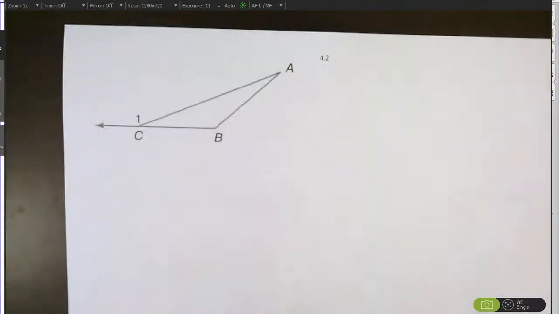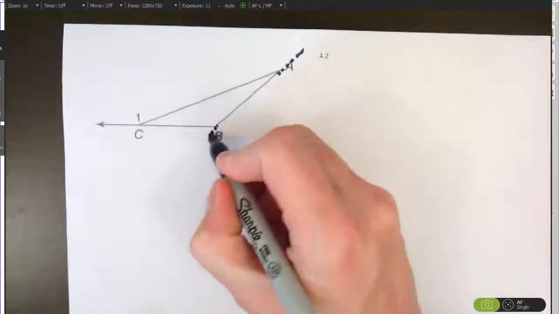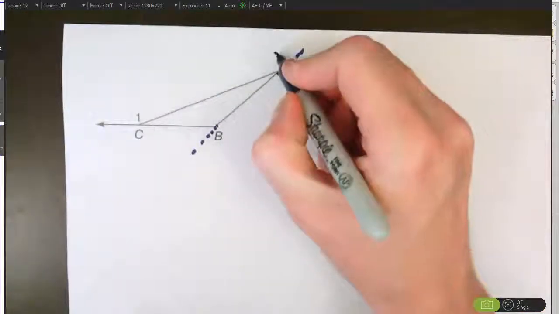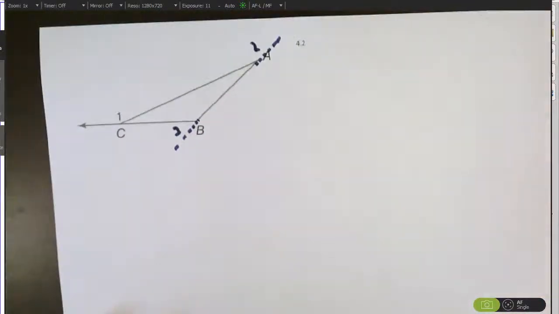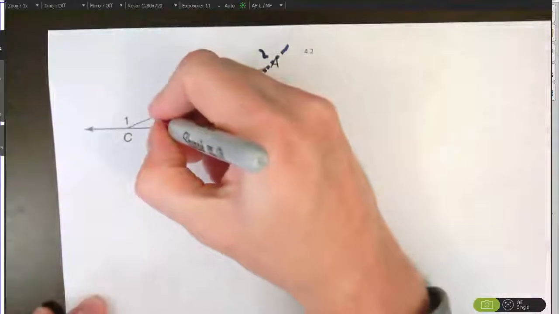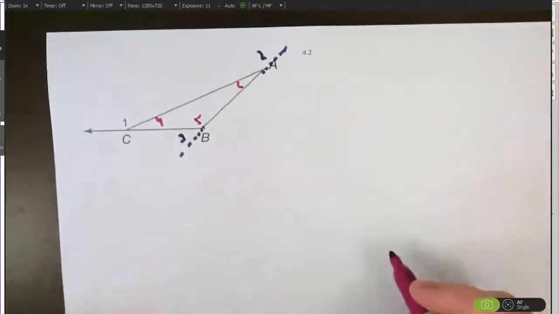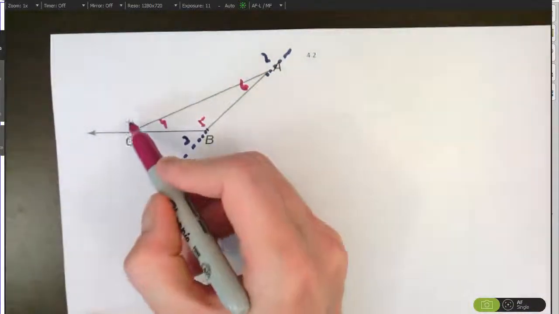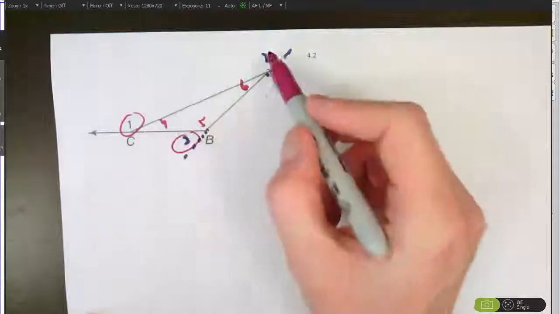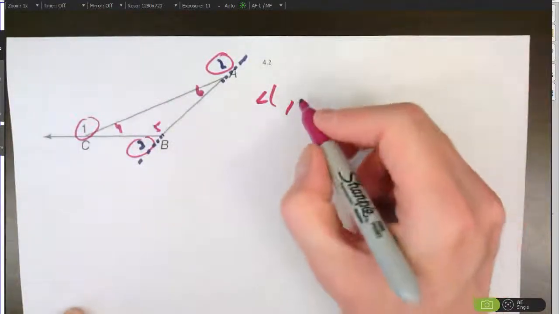So any triangle, if you extend its sides, we'll call this angle 2, we'll call this angle 3, and then we'll call the inside ones 4, 5, and 6. Angles 1, 2, and 3 are all exterior angles. Angle 1, exterior.